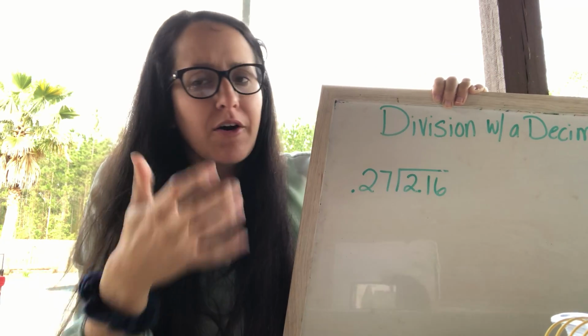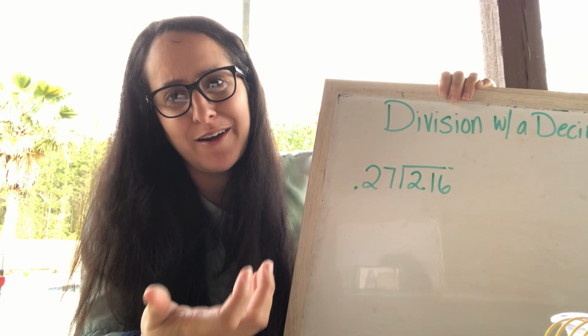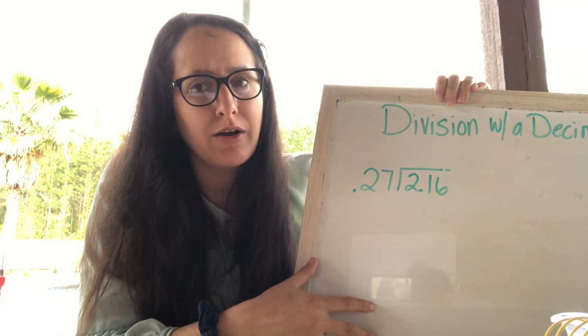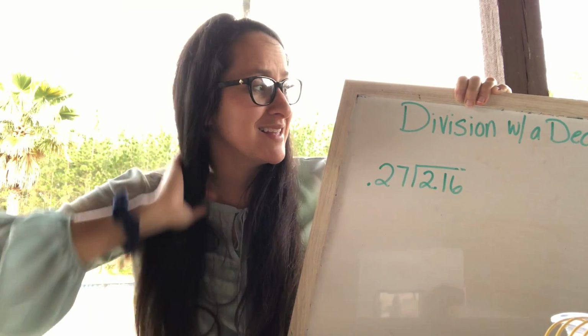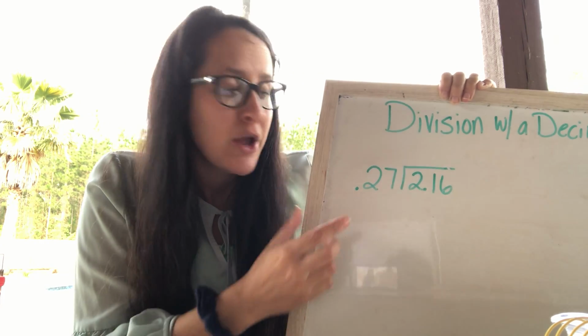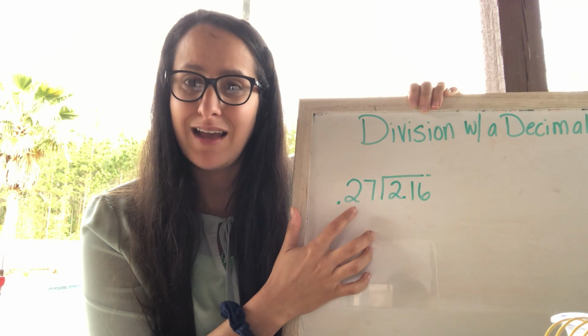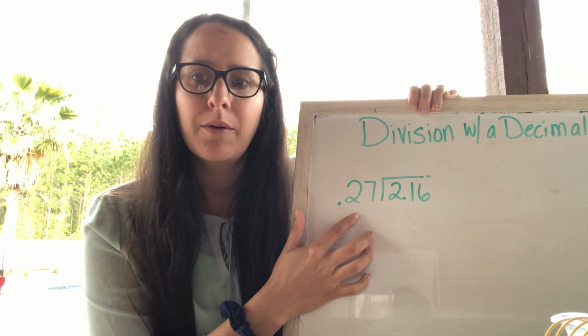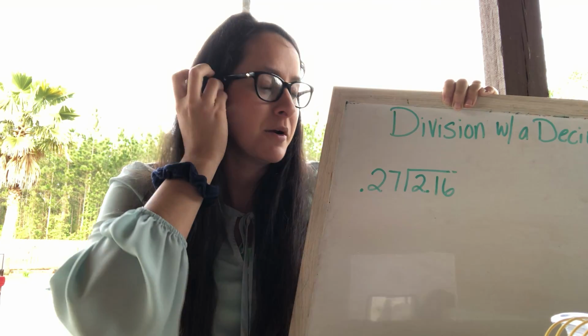So all of that terminology is going to be very important whenever we are discussing these problems. So when I say that we're going to be dividing with a decimal divisor, I'm talking about this number right here when I say divisor.